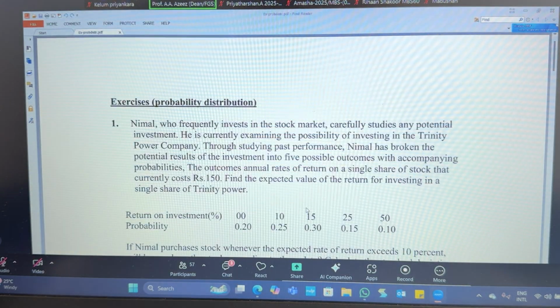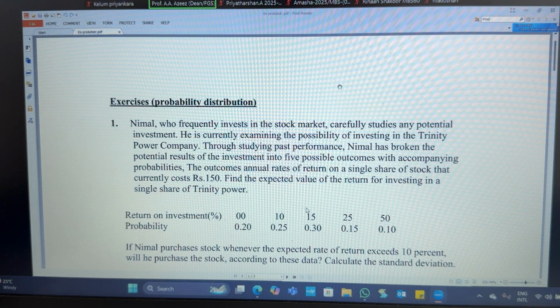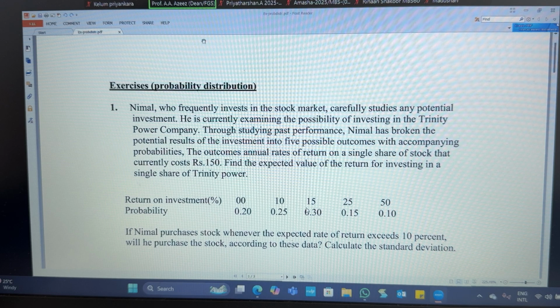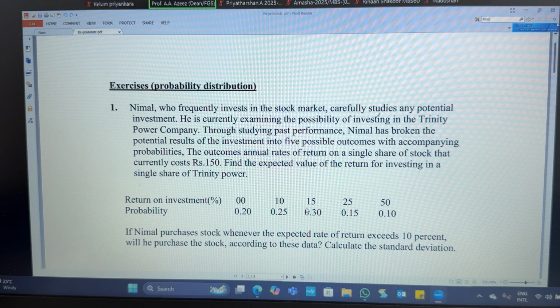Now shall we do number 1 here in your exercise? Nimal, who frequently invests in the stock market, carefully studies any potential investment. He is currently examining the possibility of investing in the Trinity Power Company.